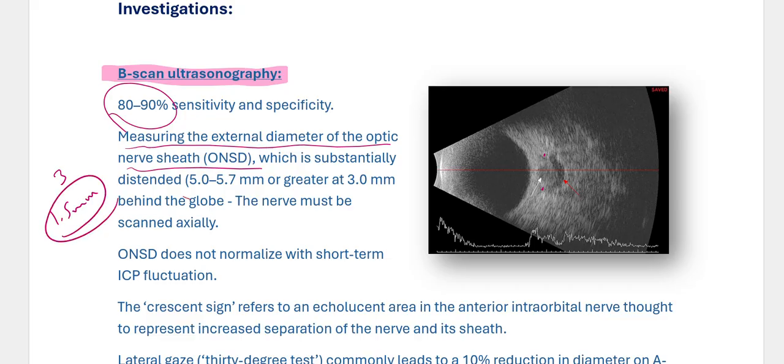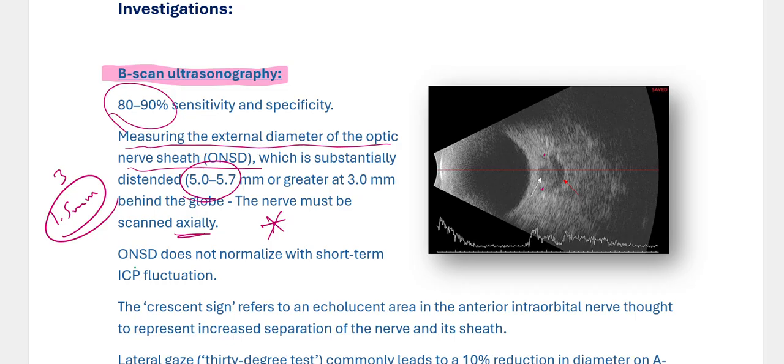In papilledema, it would be enlarged, 5 to 5.7 millimeter. You need to perform an axial scan, not a transverse scan. You need to scan the nerve axially in order to get a precise measurement.